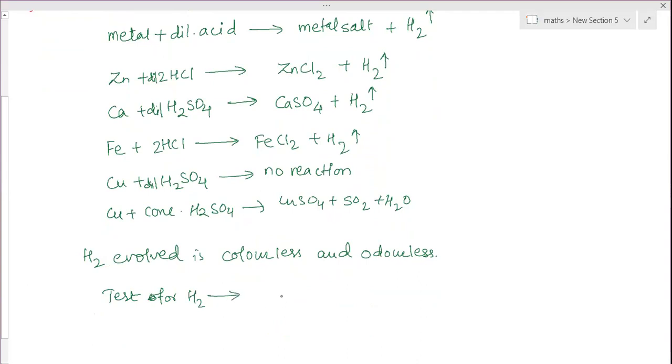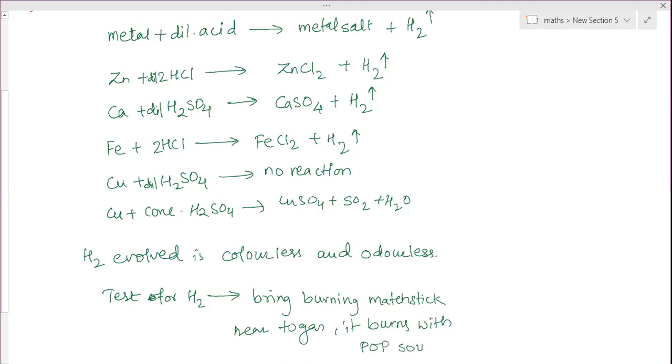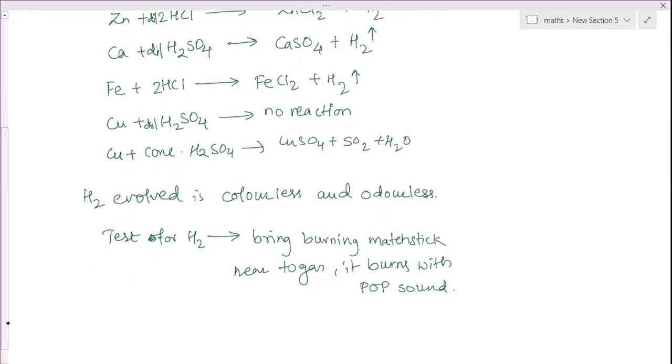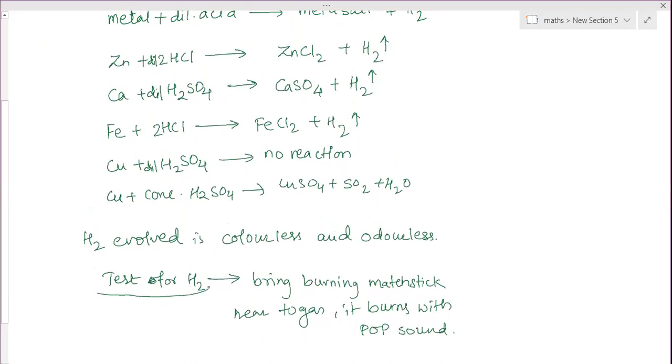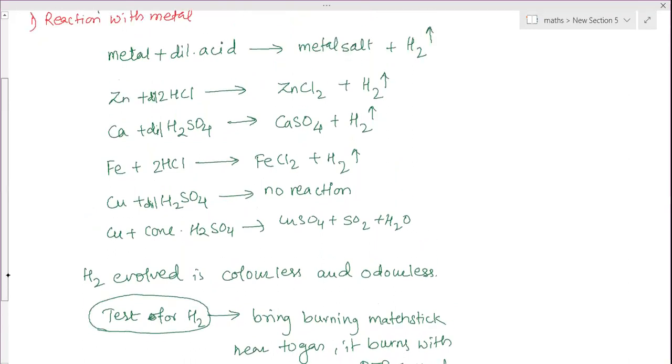When we bring a burning matchstick or a burning candle near the gas, it burns with a pop sound. Okay, so this is the test of hydrogen gas. You have to remember it. So write down this part.